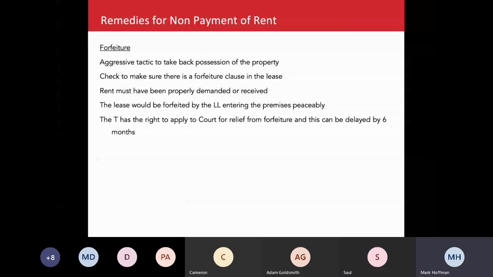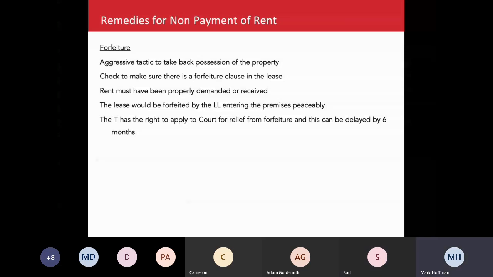So firstly, I say, check to make sure there's a forfeiture clause in the lease. Now, generally speaking, the leases that I've seen, there is always a forfeiture clause. Generally speaking, it says that if the tenant has not paid their rent within 21 days of it being demanded, that the landlord has the right to forfeit the lease. And that is basically taking a walk-in possession, changing the locks, putting a notice on the door, and effectively taking over the premises.